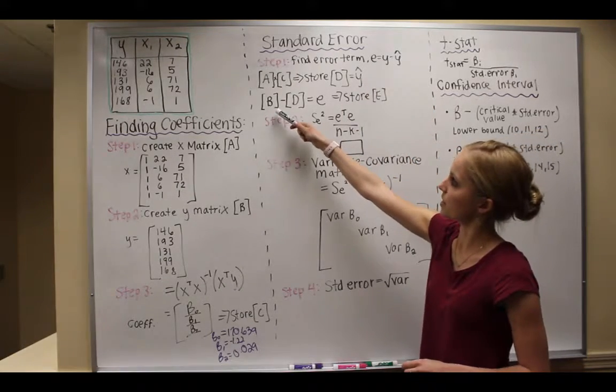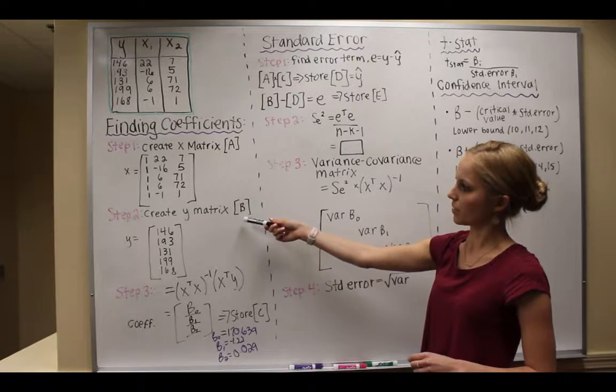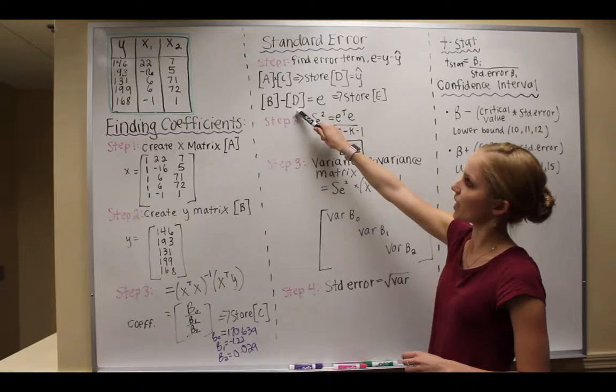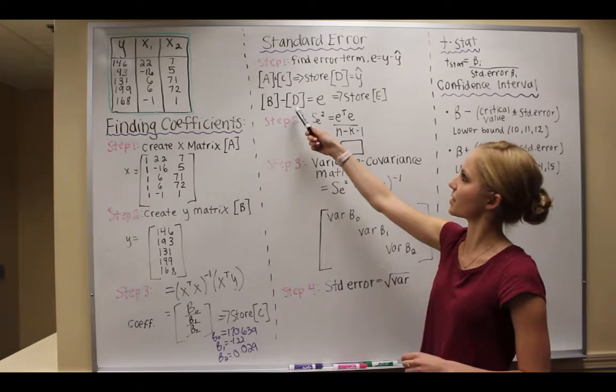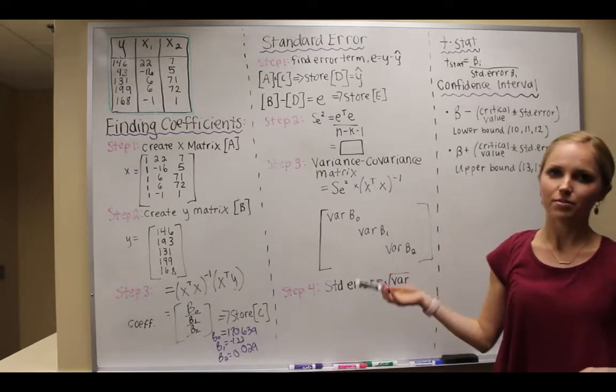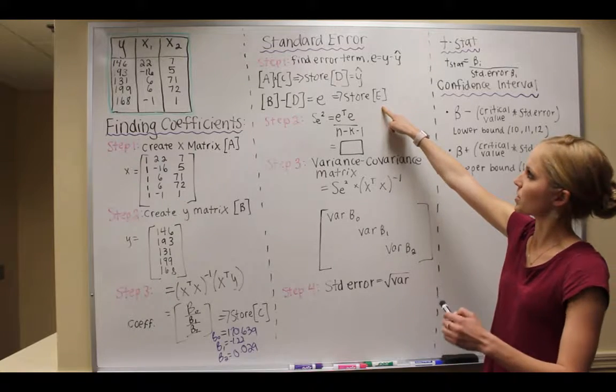So we have both of these already stored. Our y values are in our matrix B, and then our estimates, or y hat values, are in our matrix D.